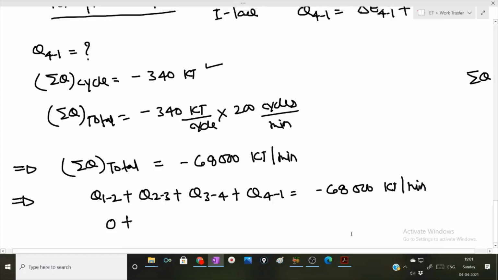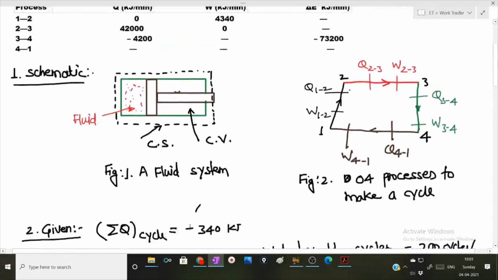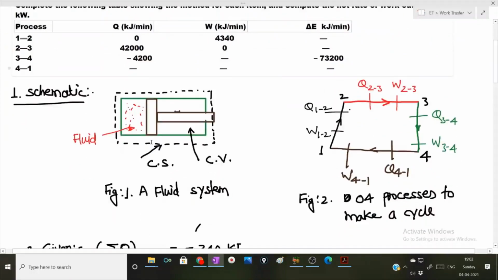If you refer to the table, Q12 is 0, Q23 is 42,000, Q34 is minus 4,200, and Q41 is to be calculated.